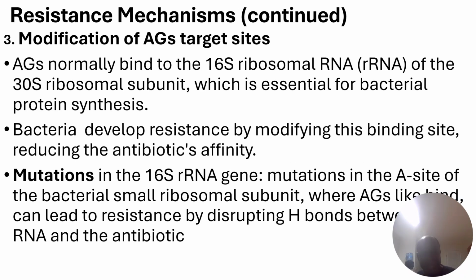Then we have the third mode of resistance mechanism, called modification of the AGS target sites, where AGS normally binds to the 16S ribosomal RNA of the 30S ribosomal subunit, which is essential for bacterial protein synthesis.